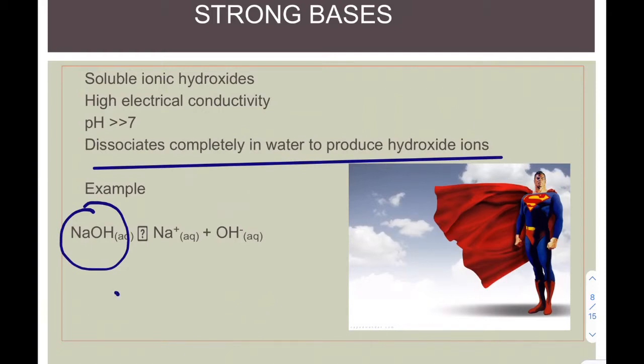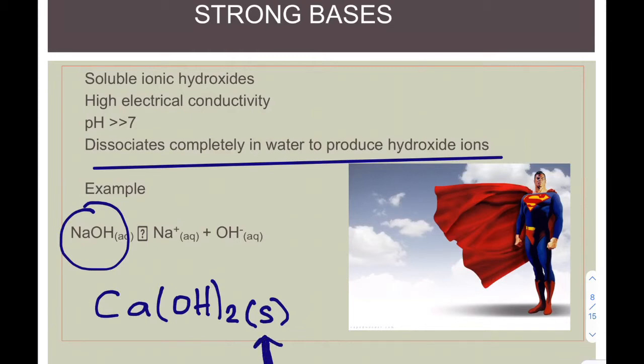Now, if we think of something like calcium hydroxide, when we look at our solubility table, we can see that calcium hydroxide is in fact going to be solid. So we actually don't consider calcium hydroxide to be a strong base because it does not dissociate into those hydroxide ions, because it is a solid in solution. So we get very little hydroxide ions.